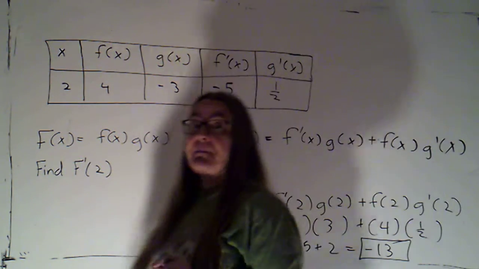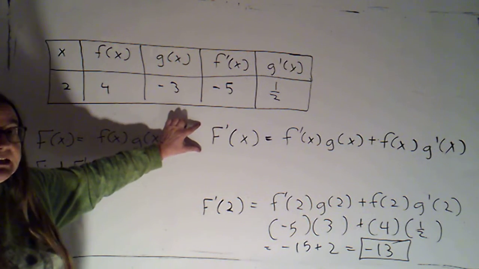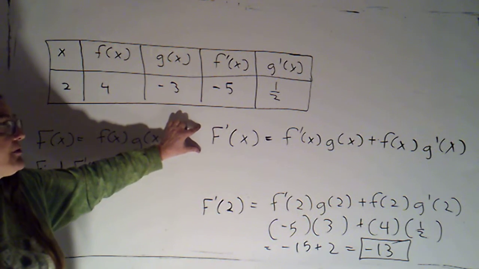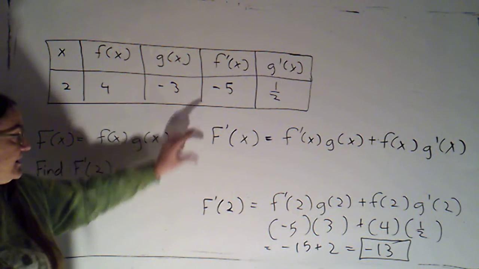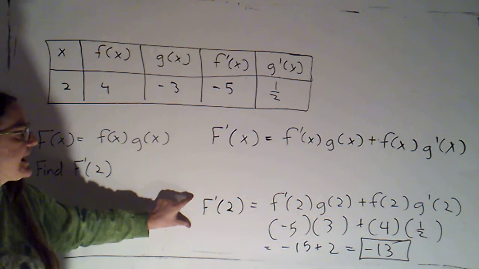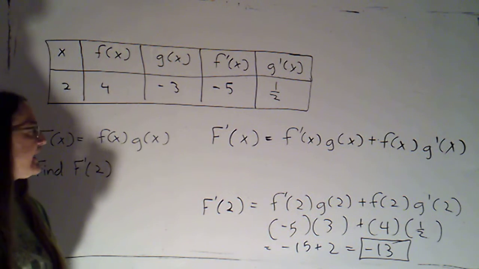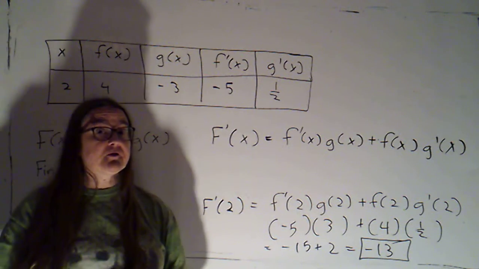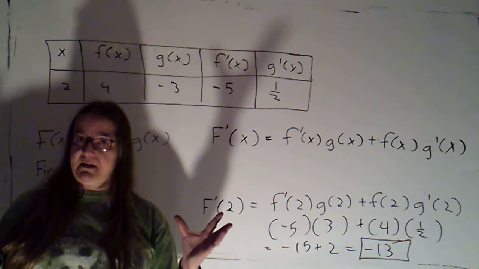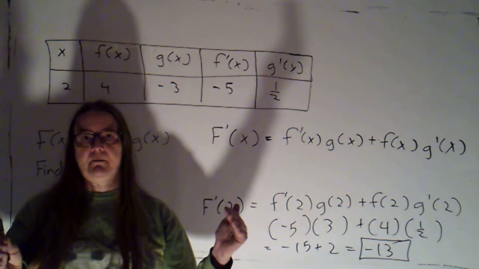One thing I will be very picky about: you'll notice I clearly labeled this was f prime of x, the function, and this was f prime of 2, the number. You can expect, if I put a question like this on a quiz or an exam, that I will include in the directions, be sure to clearly indicate when you're talking about a function and when you're talking about a number.